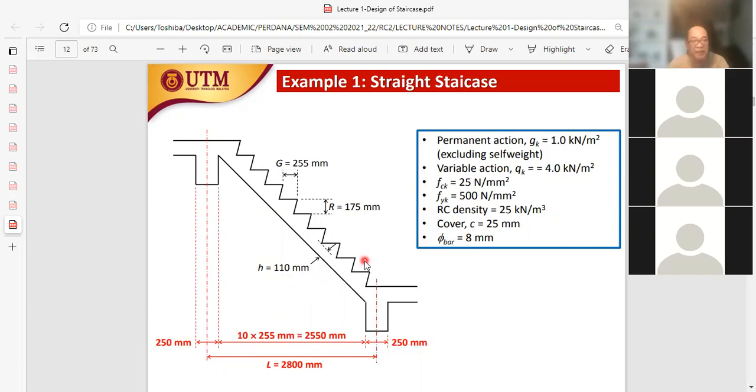Tapi of course on paper, this solution is still acceptable because 34.6 is still considered less than 35. Walaupun kita tahulah 34.6 tu actually 35 lah tu. 35 plus compare dengan 35. So we are at the borderline case. 110 is a borderline case.